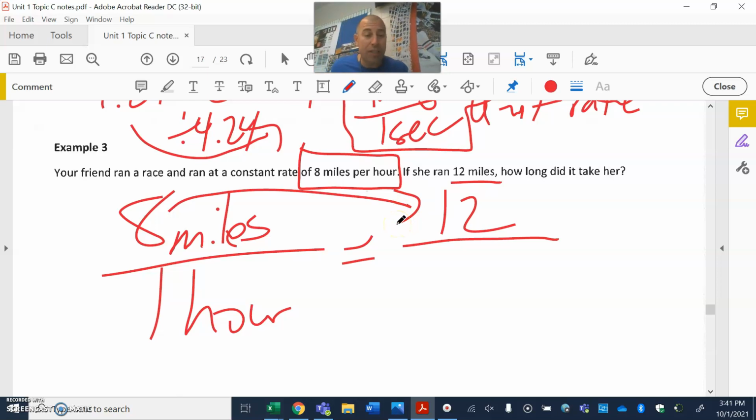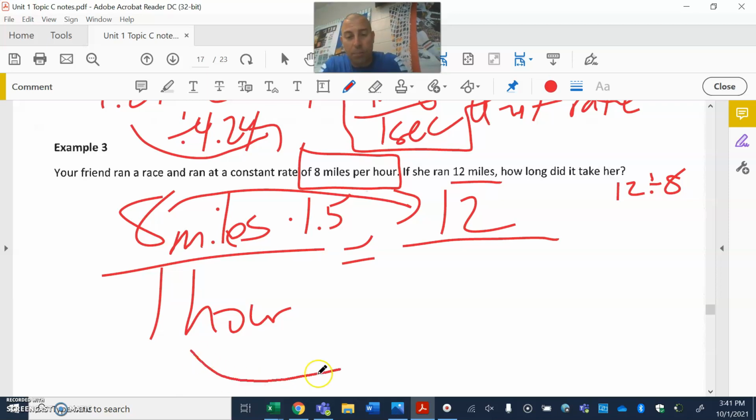If we don't know off the top of our head, we reach for a calculator. If we're going this way doing multiplication, we go the other way to do division. So I'm going to type in 12 divided by 8, and I get 1.5. That tells me what we are multiplying by. 8 times 1.5 is 12.